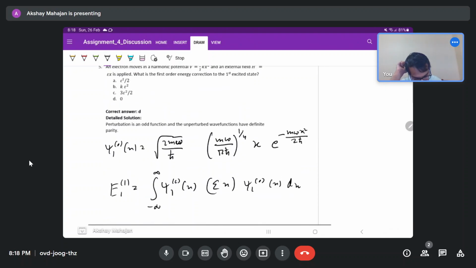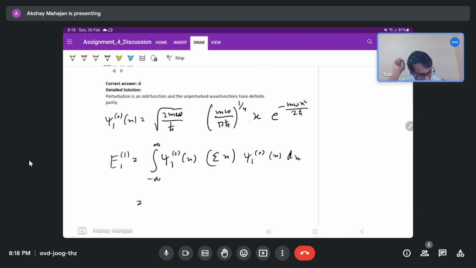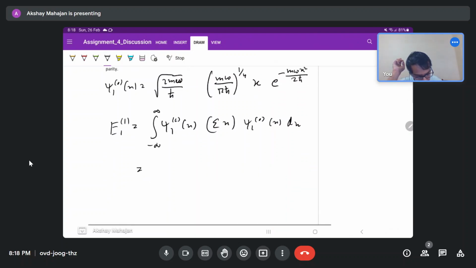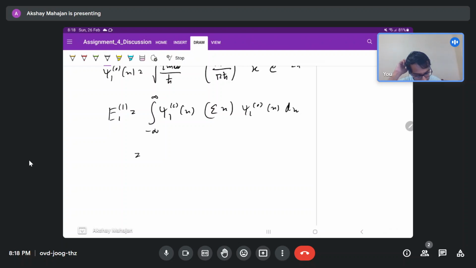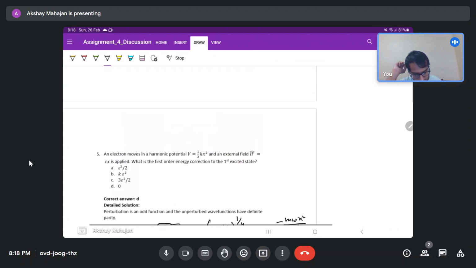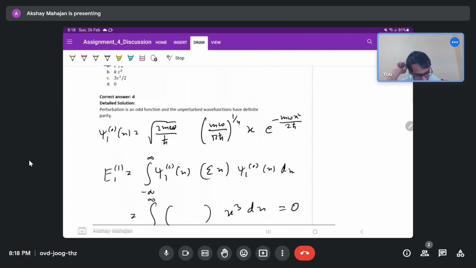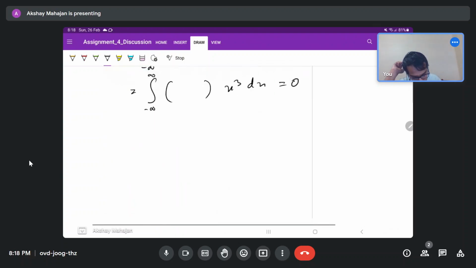The perturbation epsilon x is an odd function, and the unperturbed wave function has definite parity, which is also odd, so their parity is minus 1. When you do this integral, you will get some constant times x cube dx, which is an odd function, so the integration from minus infinity to infinity will be 0. You can see from this integration as well that the answer should be 0.